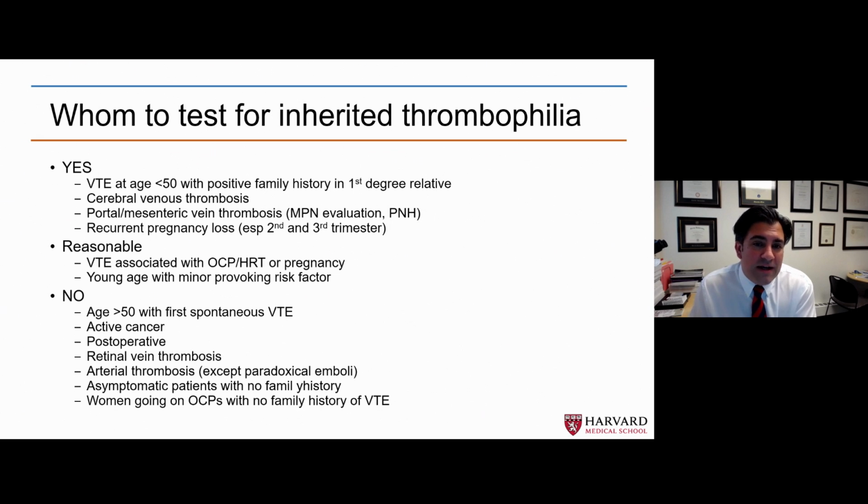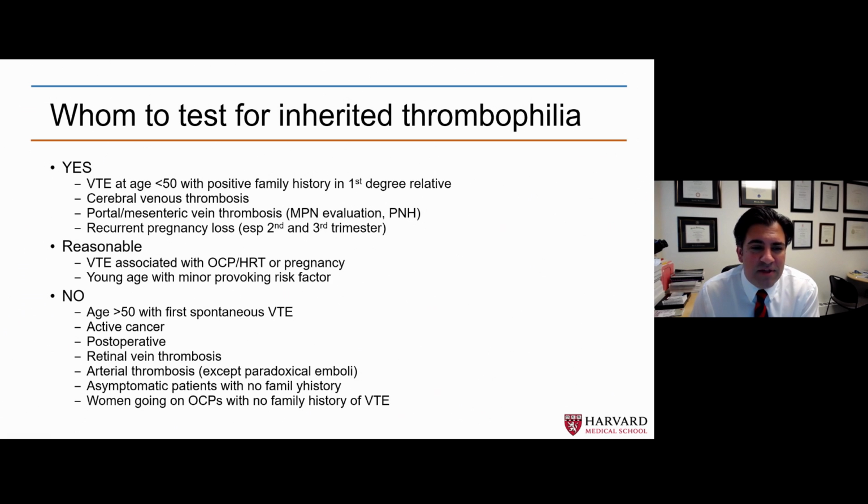So who do I test for inherited thrombophilias? Well, again, patients with VTE at a young age with positive family history and first-degree relatives, unusual sites, cerebral venous thrombosis. For portal and mesenteric vein thrombosis, I actually lean more towards a myeloproliferative disorder or a clonal disorder with PNH rather than inherited thrombophilias.